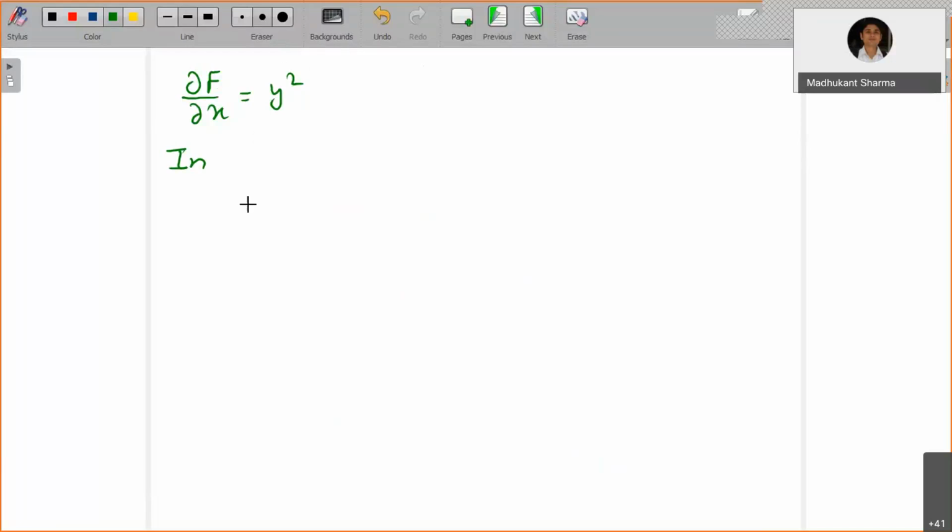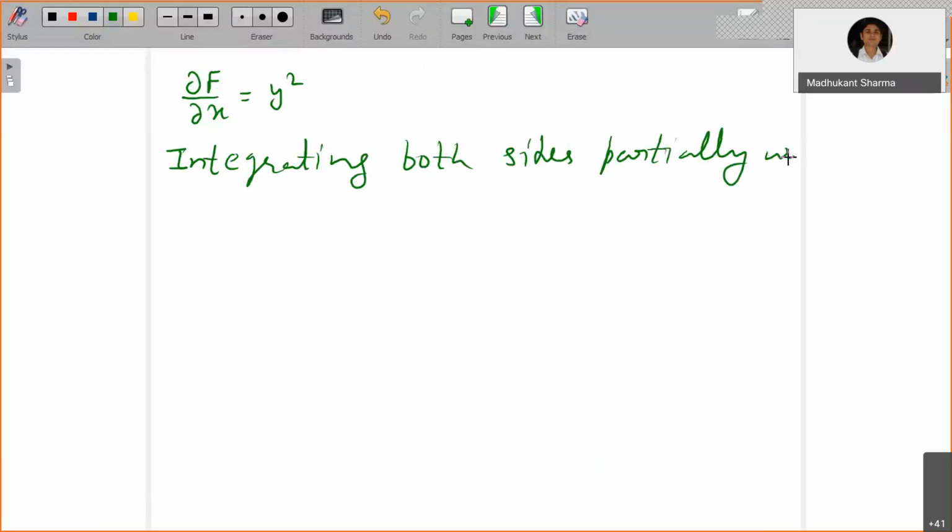Okay, so integrating both sides partially with respect to x, we get F of x comma y equals x times y square plus some constant.